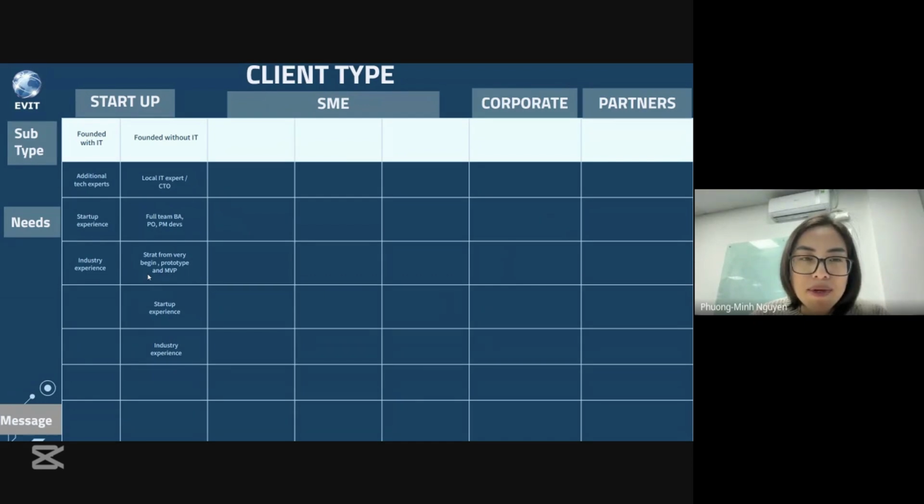Because I think many times we see startups at a very early stage, where they just have an idea, or their idea is not clear enough, or they have a very limited budget and they expect that we can help them release something in the market and use that to raise funds. So can you give me more information about how to categorize startups and see which segment of startup we can dig deep into?